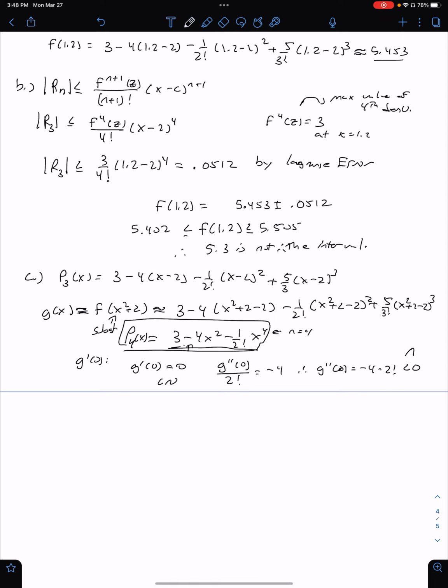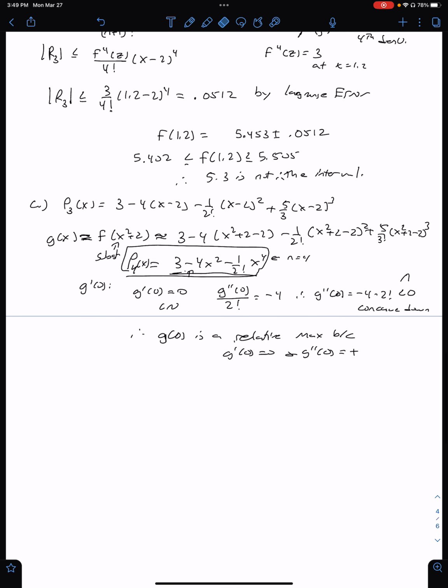That's telling me it's concave down. So that's concave down. So therefore, we can say g of 0 is a relative maximum because the first derivative at 0 is 0 and the second derivative at 0 is negative.